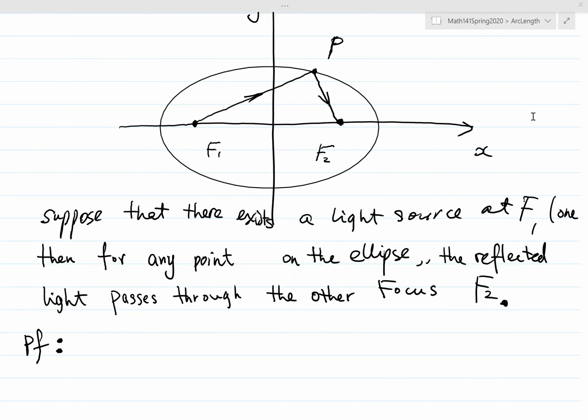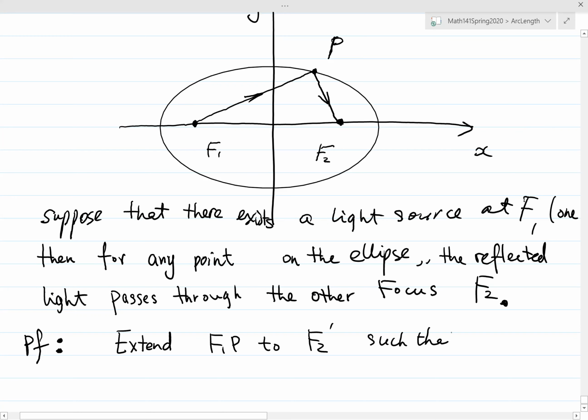okay, extend. So what we do is we extend F1P to F2 prime such that PF2 prime equals PF2. So we extend here to F2 prime.